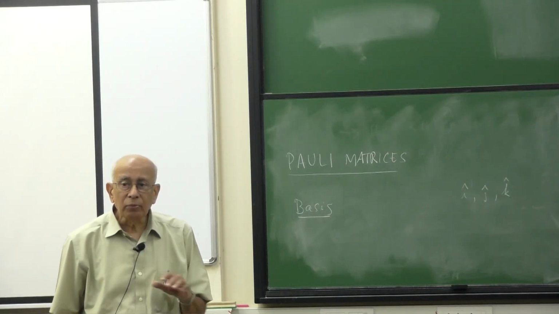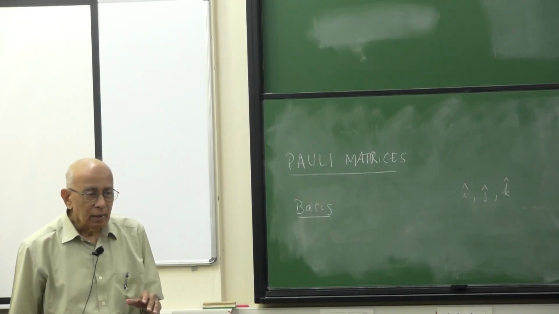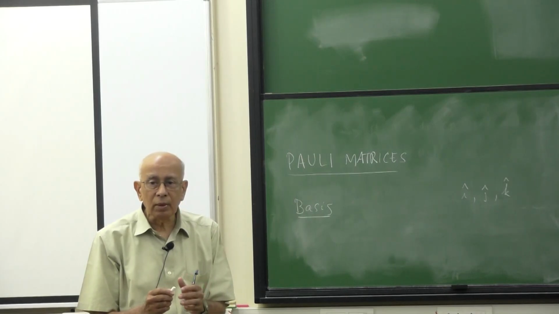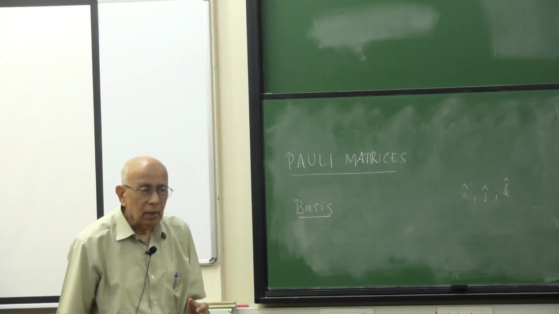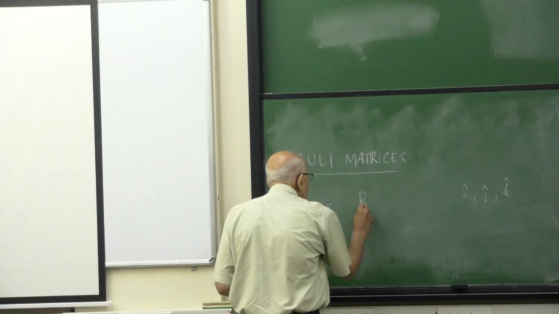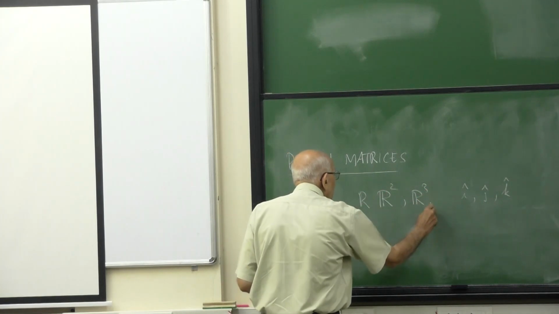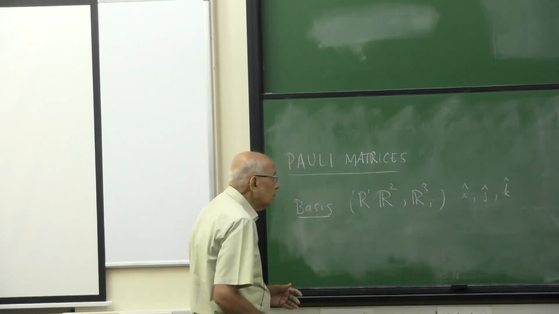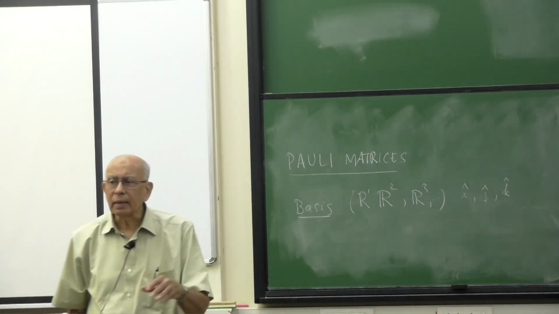Do points on a plane form a linear space? Yeah, they are just ordered sets of 2 numbers, so they form a linear space. Do points in 3-dimensional space form a linear space? Yes. So all these are linear spaces, R1, R2, R3, and so on, with their own basis sets, etc.